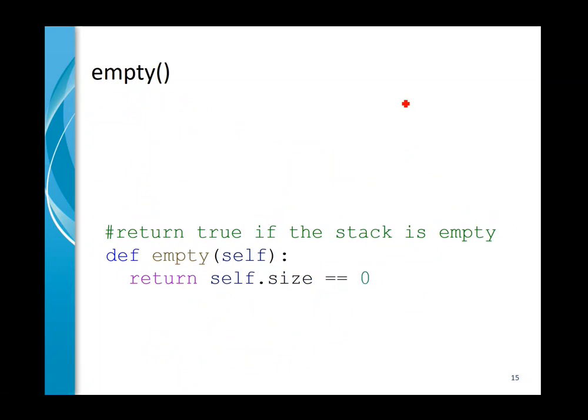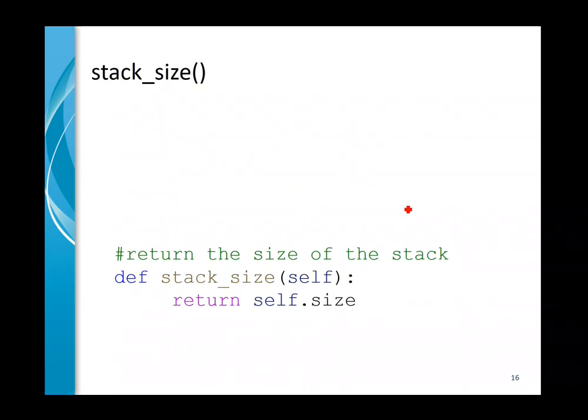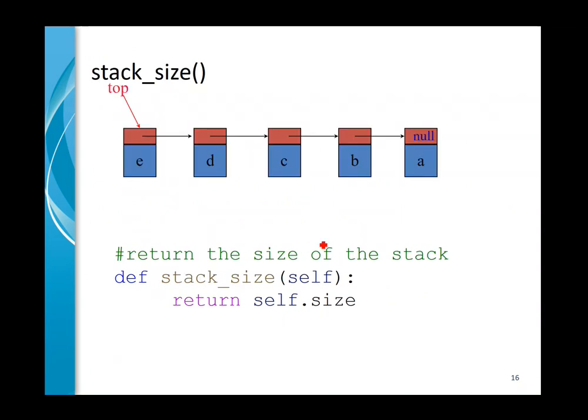How about empty? Empty is simple. If the top is pointing at nothing, or None, or the size is 0, then you know that the stack is empty. Another one, as mentioned, is getting the stack size, which tells the number of items inside the stack.